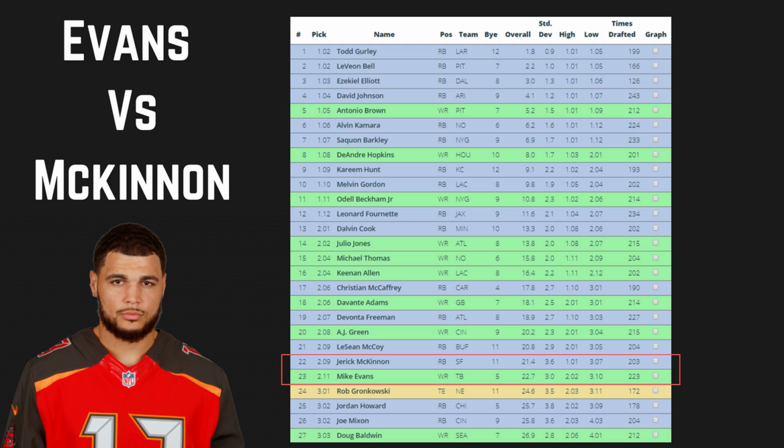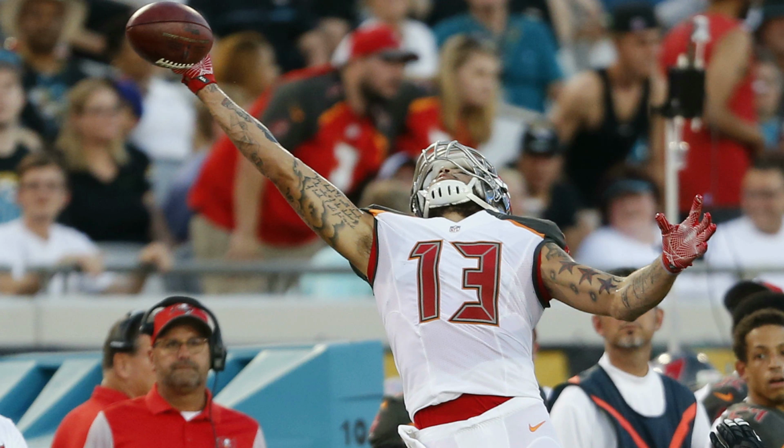Those receivers being Baldwin, Thielen, and Josh Gordon, while Jerick McKinnon, on the other hand, is in the same tier as the rushers in that range, that being not only himself, but Jordan Howard and Joe Mixon. We could expect to see similar production from those 3 running backs, whereas Mike Evans has top 5 upside at his position. As much as we dream of the upside of McKinnon, there is no way he could ever finish as a top 5 back.